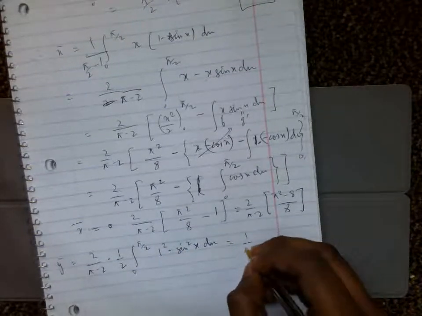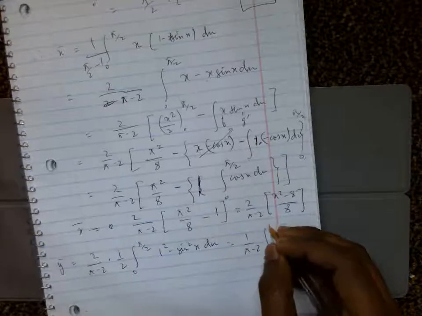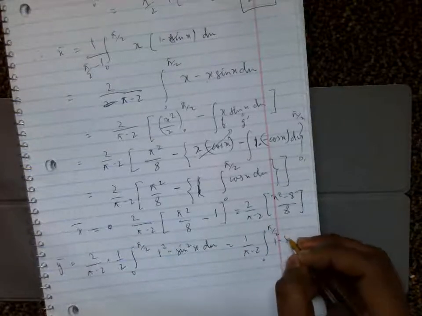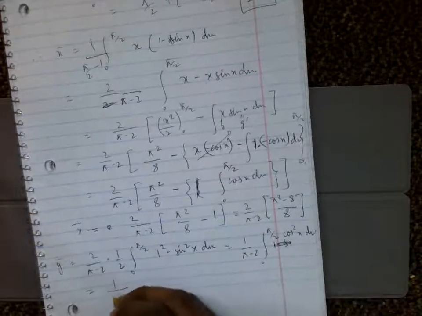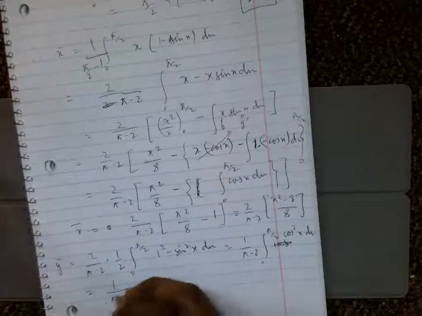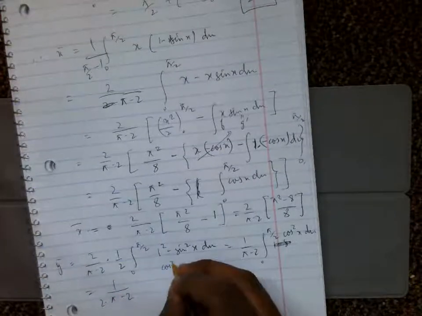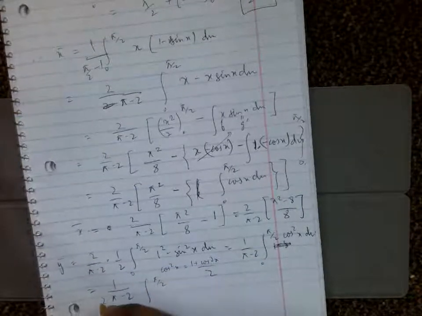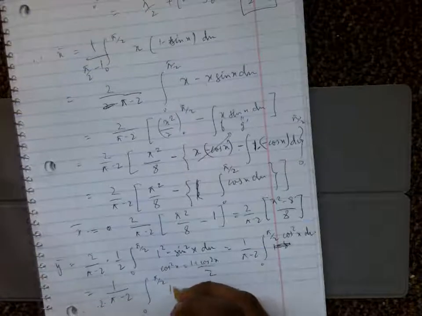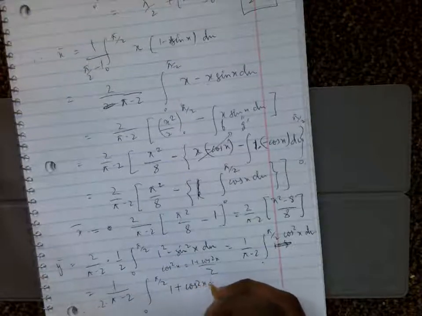So you will have 1 by pi minus 2 times the integration from 0 to pi by 2 of 1 minus sine square x, which is cos square x dx. In order to integrate cos square x, you will use the double angle formula. So cos square x is 1 plus cos 2x by 2. So this becomes the integration from 0 to pi by 2, I've already divided by 2, of 1 plus cos 2x dx.